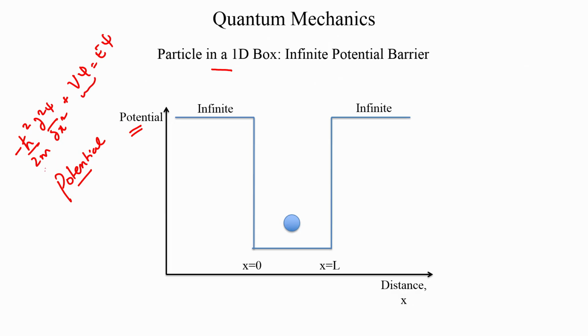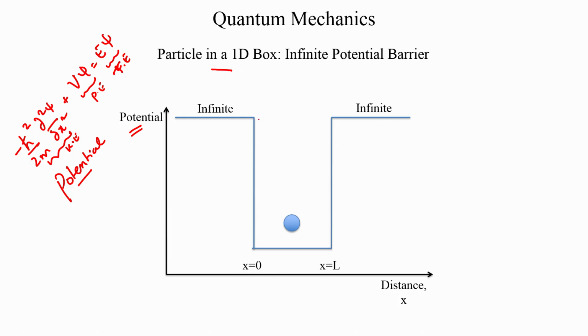So, we are equating energies. This is the kinetic energy, this is the potential energy, and thus the total energy. But since the potential is the equivalent of the potential energy, I would sometimes use the term potential while talking about these concepts.